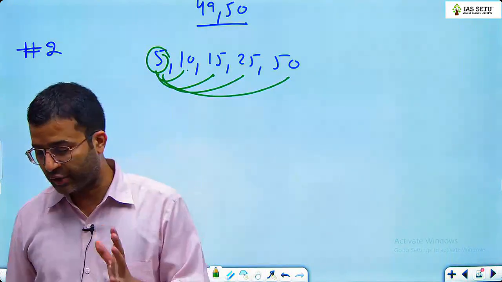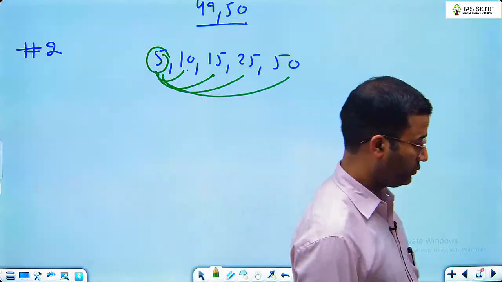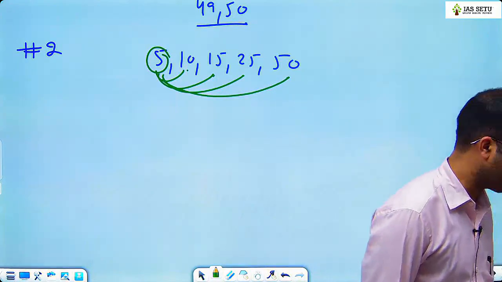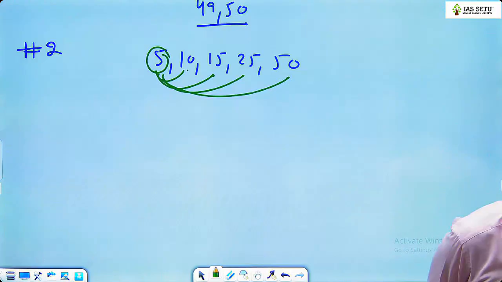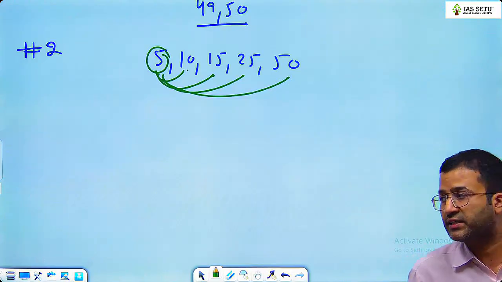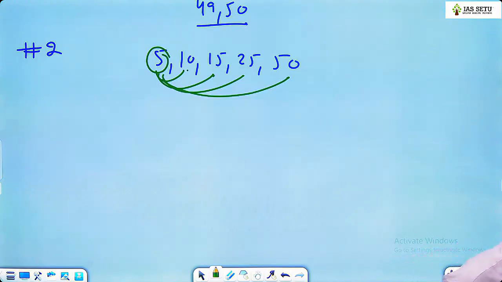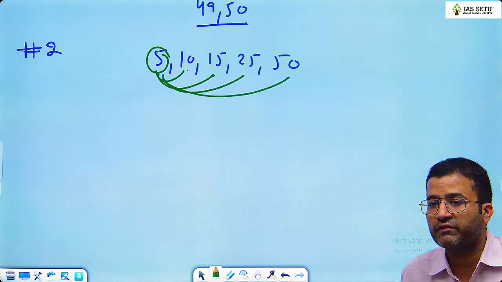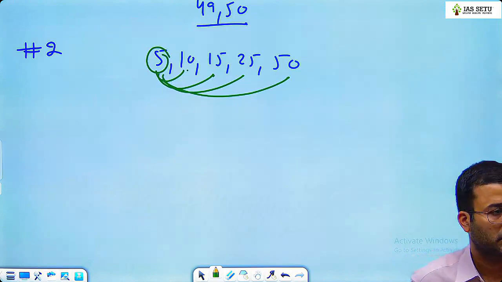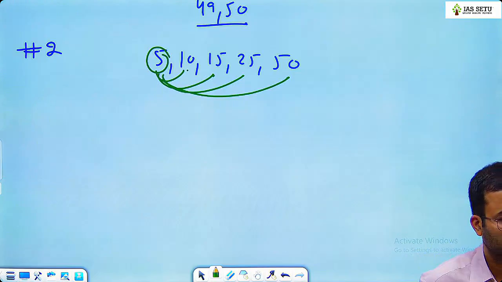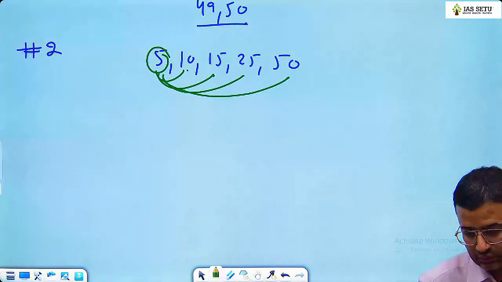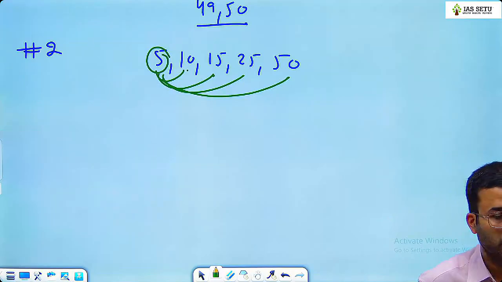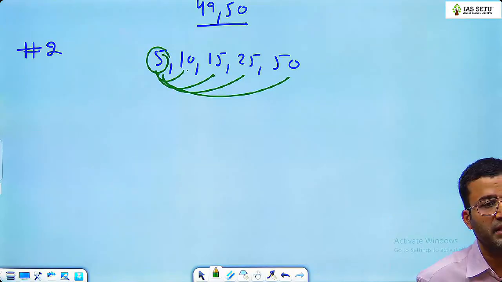So you write the second observation. If the smallest number is a divisor of all the remaining numbers, then the smallest number itself is the HCF.